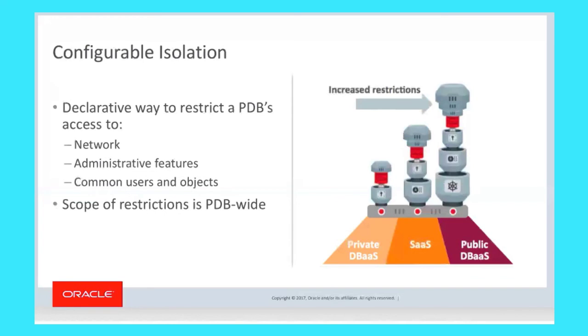What I was saying regarding lockdown profiles is that, similar to setting a lockdown profile in CDB$ROOT and having all your PDBs affected, if you set a lockdown profile in the application root, all your application PDBs will be affected, since they're hierarchically under that application root.